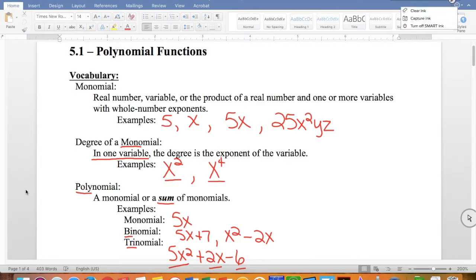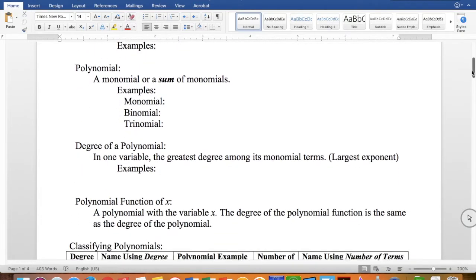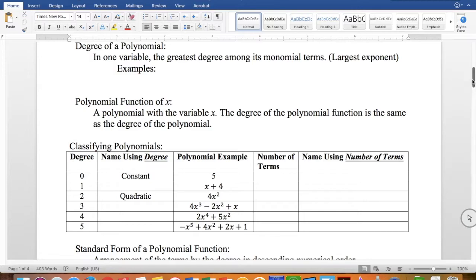Okay, so moving on down. A degree of a polynomial is our next term. The degree is kind of like what we talked about with the monomial. In one variable, the greatest degree among its monomial terms. It's the largest exponent in the polynomial. So for example, a quadratic, which we've been studying, would be like x squared plus 6x minus 2.